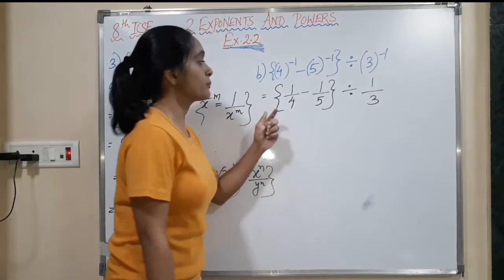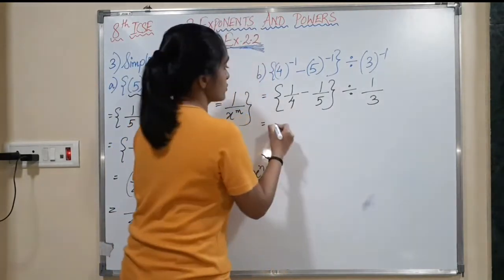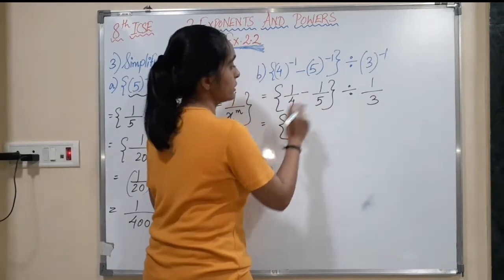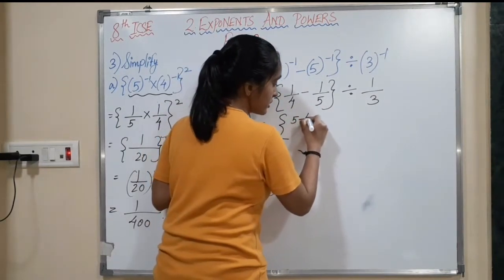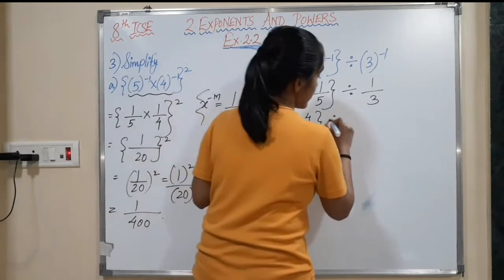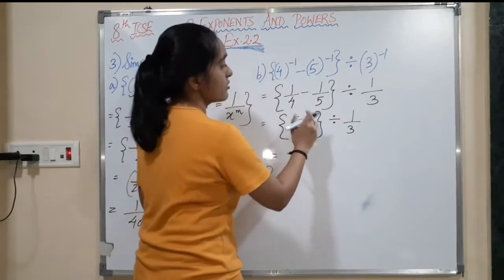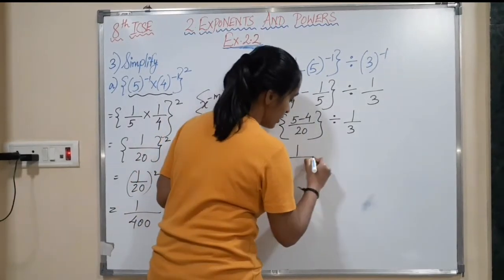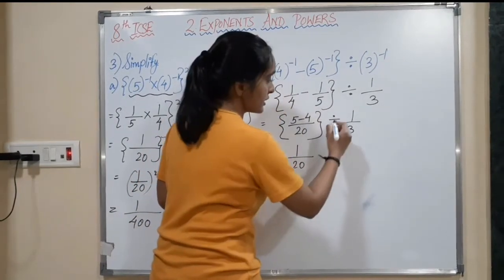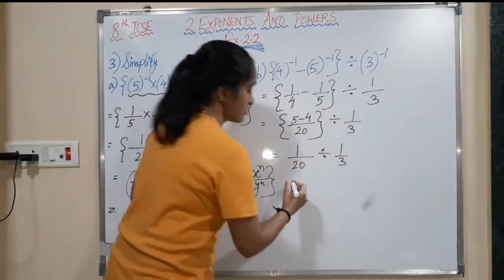So for subtracting rational numbers, we have to first equate the denominator. So here you will get, by cross multiplying, 5 minus 4 upon 5 into 4 is 20, divided by 1 upon 3. Now you will get 5 minus 4 is 1 upon 20 divided by 1 upon 3.